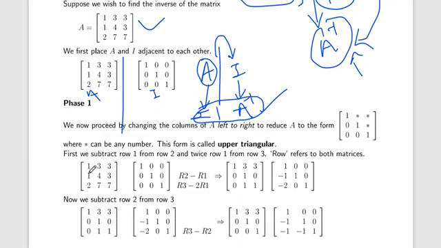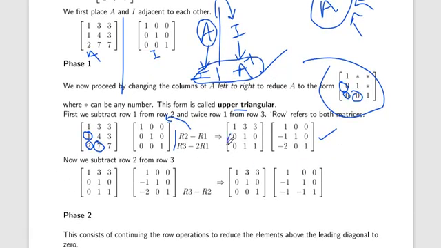First of all, we transform this into upper triangular form. These three elements have to become 0. We apply row operations, R2 minus R1 and R3 minus R1, to make those entries 0, and apply the same operation to the identity matrix, so the identity matrix becomes this.